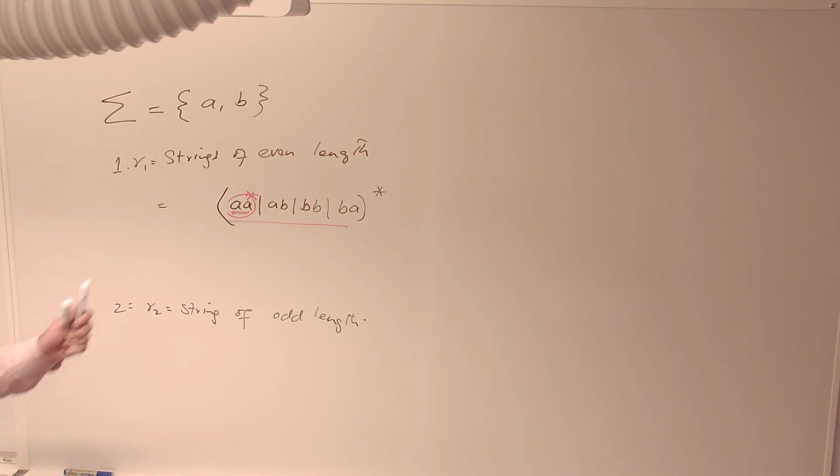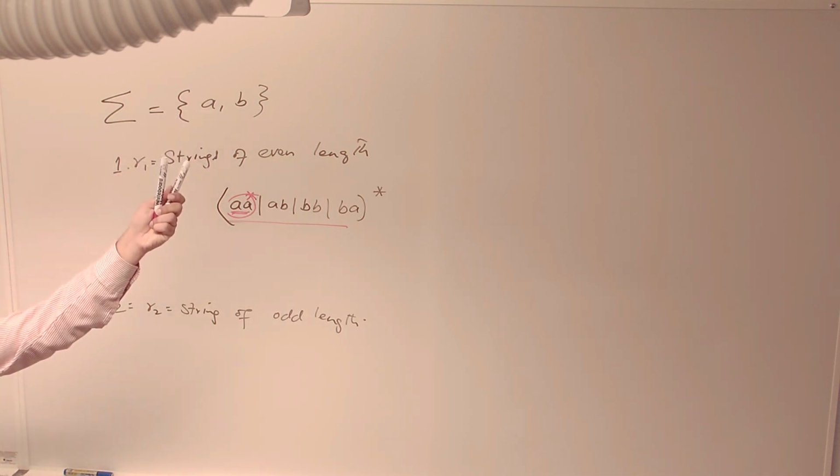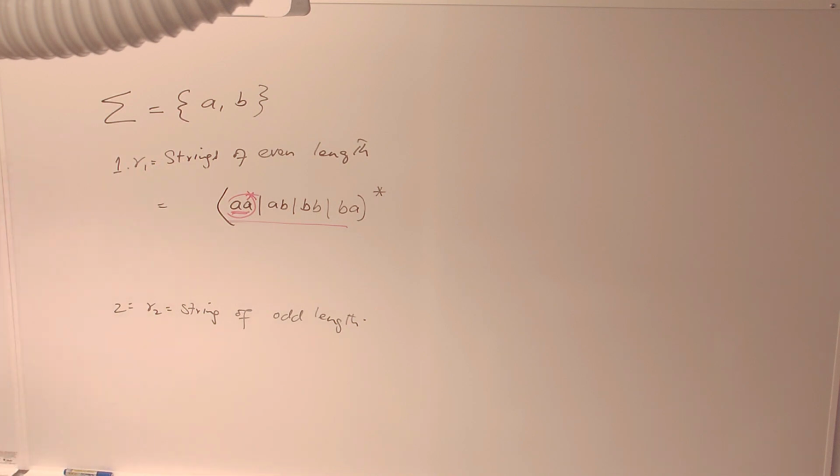What you need to do is identify the basic combinations. We have only two symbols, and I cannot use A alone, because then its length will be odd.